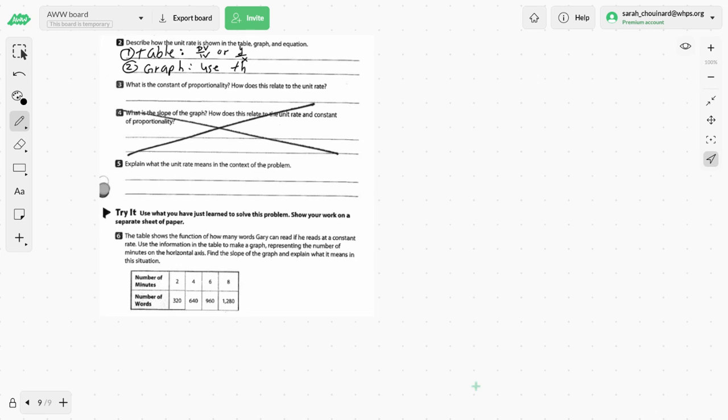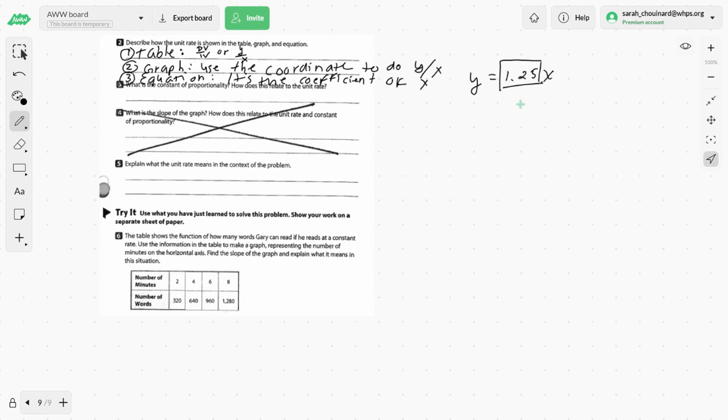Use the coordinate to do Y divided by X. And then in an equation, it's the coefficient of X. So for the last one, it was Y equals 1.25X.